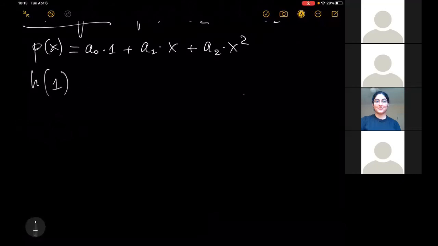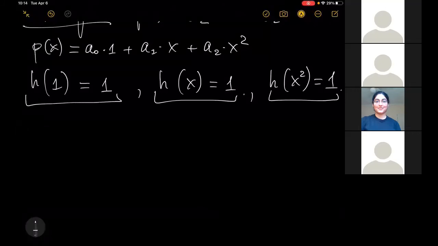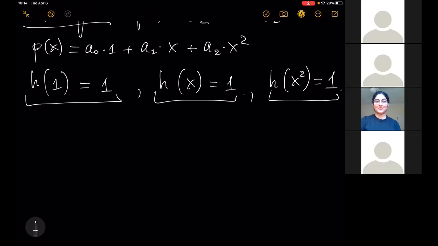H applied to 1 is 1, H applied to X is also 1, and H applied to X squared is 1. So if you know how to map the vectors of the basis, you know how to map any polynomial.